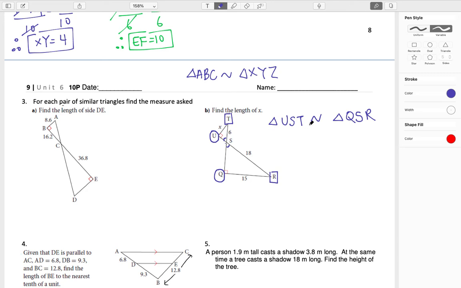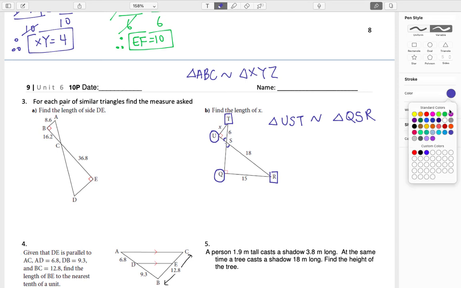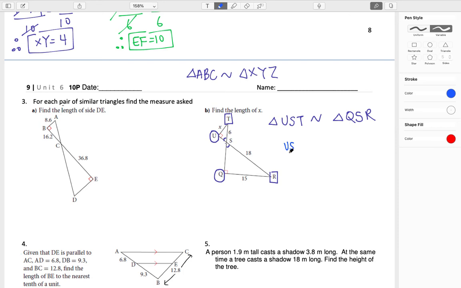So once we have the correct statement, then we could write down the proportionality just by looking at this statement. So we could say the length US is proportional to length QS.